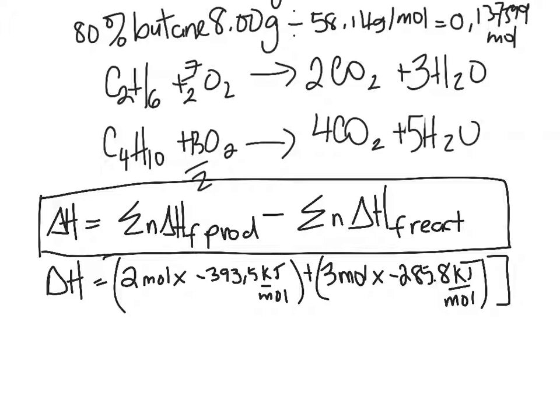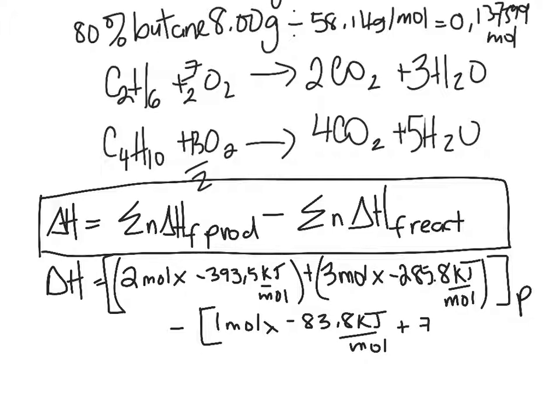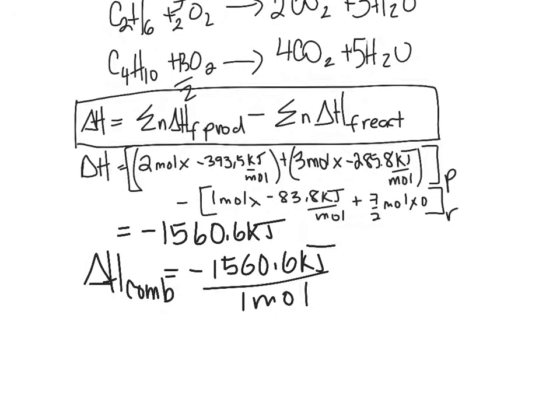So that's our products. Now our reactants. 1 mole times the molar enthalpy of formation of ethane, and 7/2 moles times 0 for our reactants. So now repeat for butane.